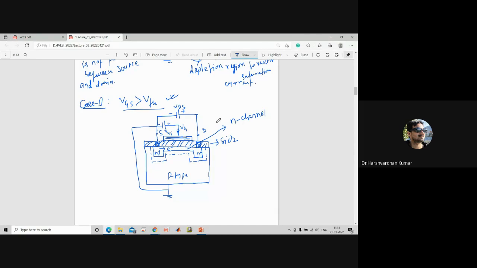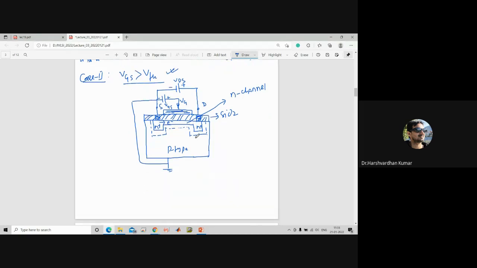Whenever VGS, that is gate to source voltage, is greater than the threshold voltage, there will be inversion at the interface, so that there will be a formation of channel. As a result, the flow of electrons starts from source to drain, and there will be a flow of current, right?